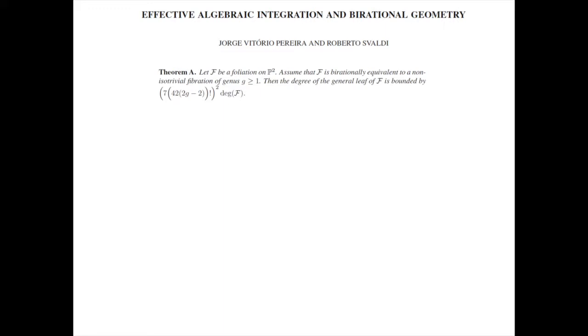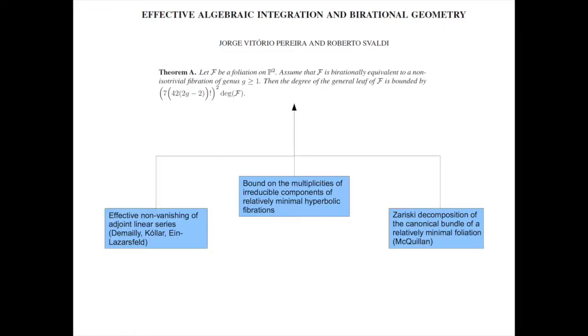But I also assume that it's a family of genus G curves, and I will also assume that this family is non-isotrivial. Two general members are not analytically equivalent, okay? And in that case, I can give a bound. A ridiculous, horrible bound, but it's a bound, right? 7 times 42 times (2g minus 1) factorial. If you're not happy with that, you take the square and multiply by degree of f, and it works. Okay? And how do we prove that? This is a joint work with Roberto Svaldi.